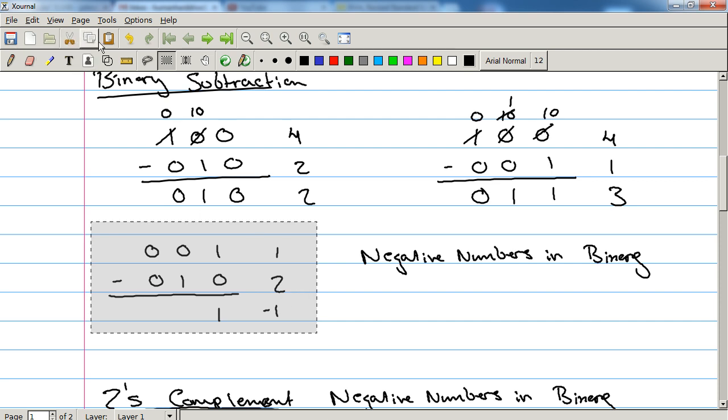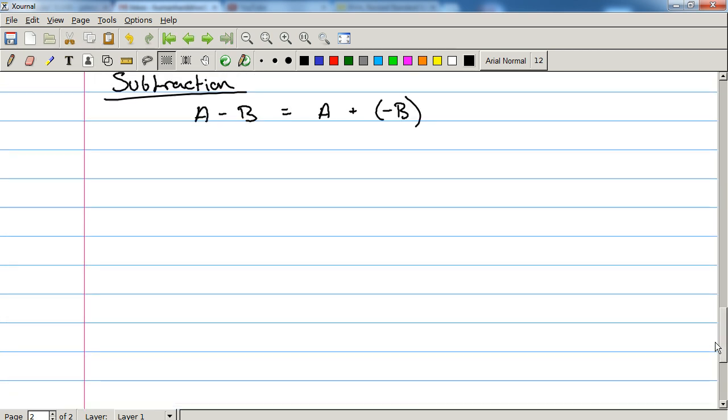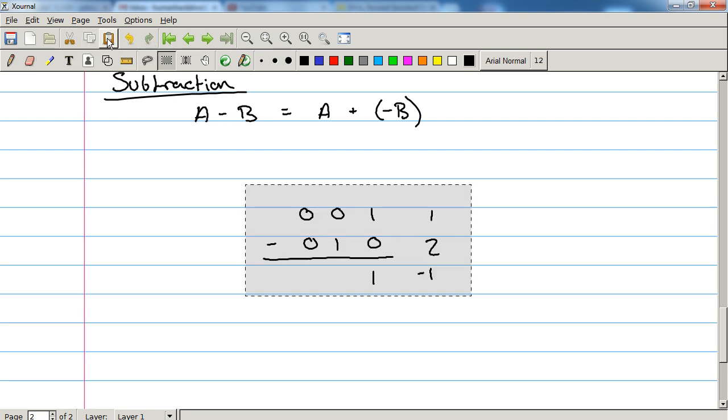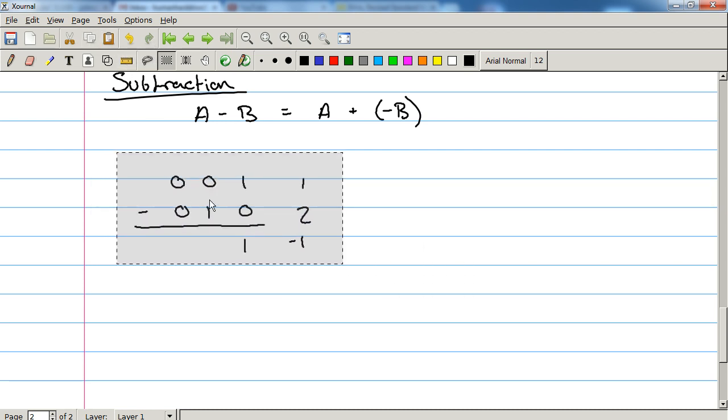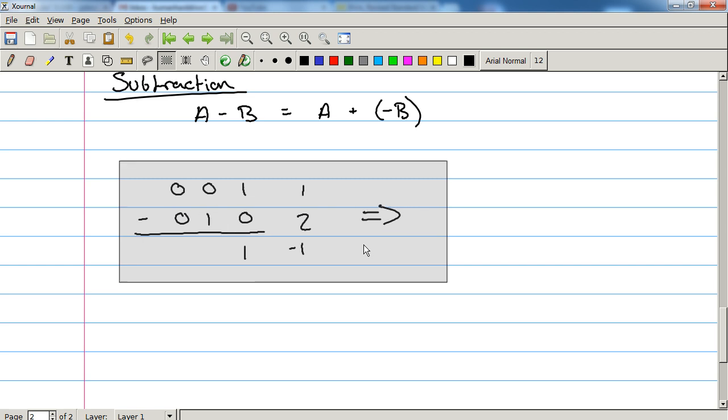I'm going to copy this and paste it down here. So this is 1 minus 2, and then we're going to take the 2's complement of 2. So I should shift this down so it's on the line. There we go, that's clean.